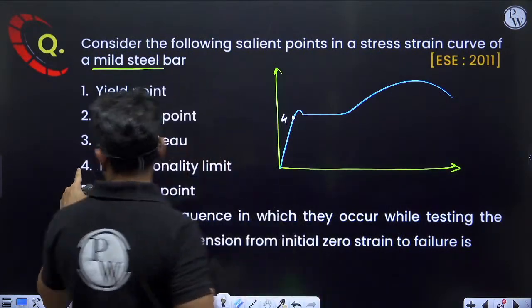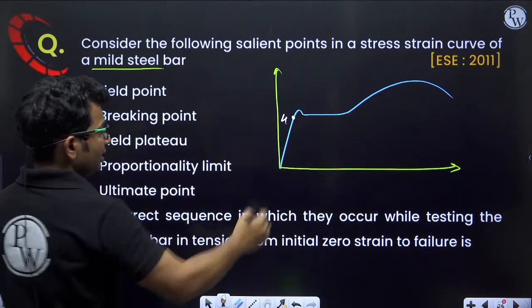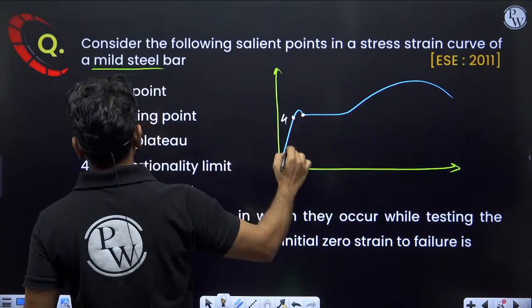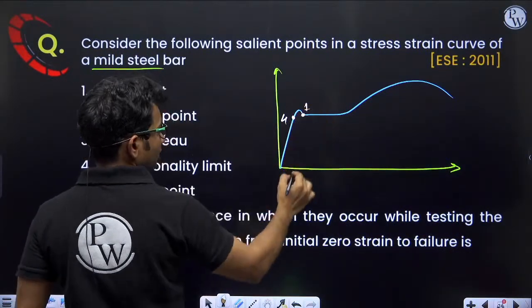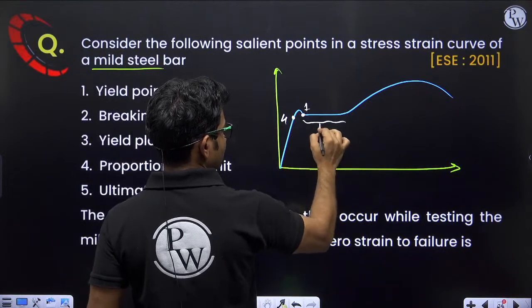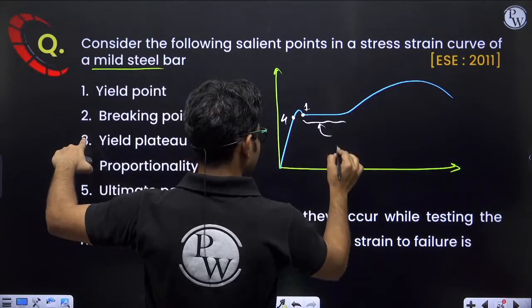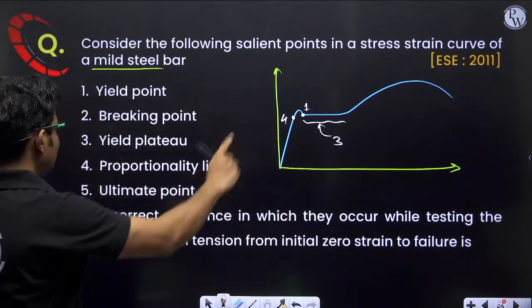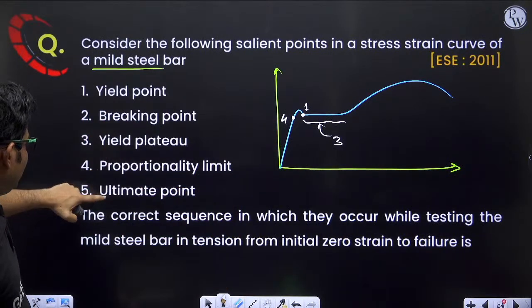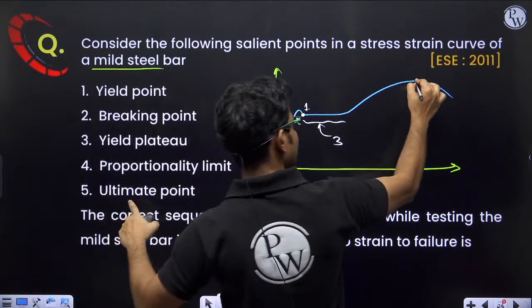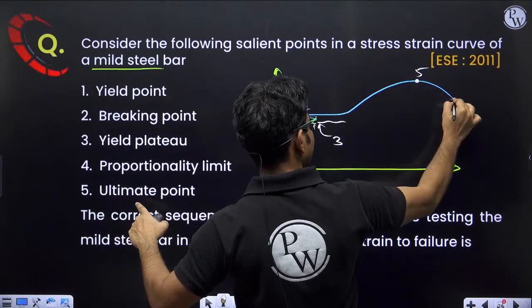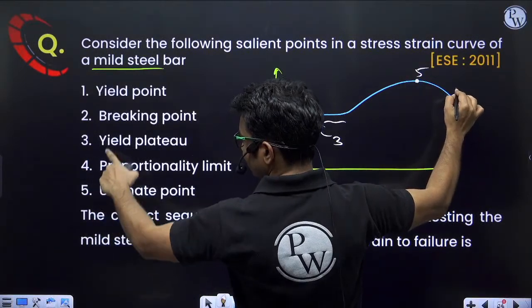Then here we get the yield point, this is yield point 1. This entire plateau region is yield plateau 3. So 4, 1, 3. Now the breaking point and ultimate point. This is the ultimate point, 5, and this is the breaking point, 2.